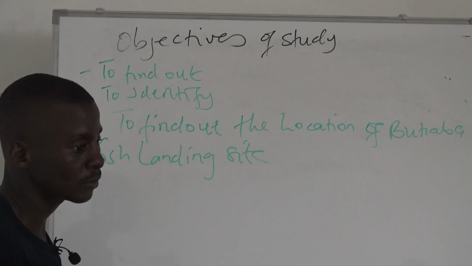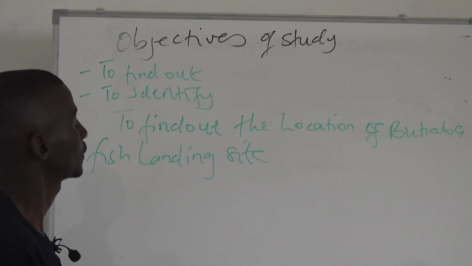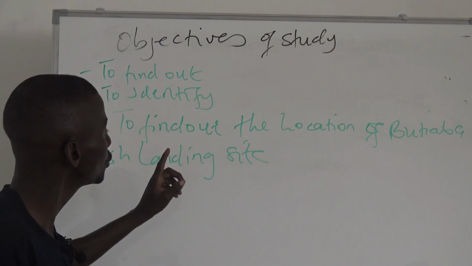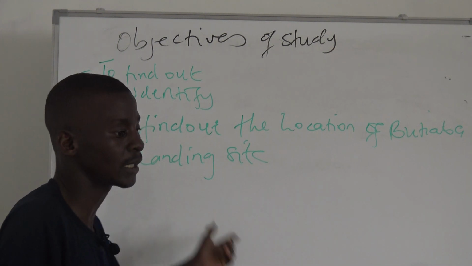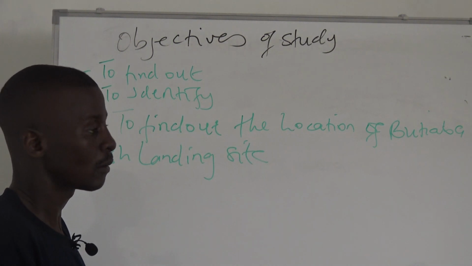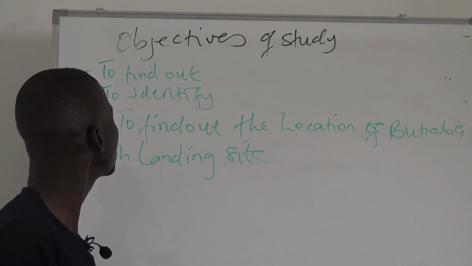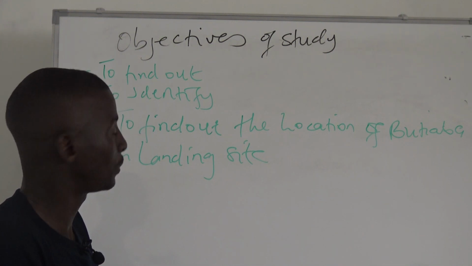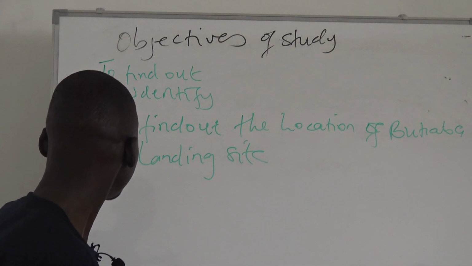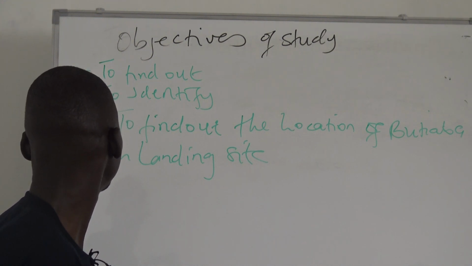We cannot have objectives without knowing where we are going. So the first thing is we need to find out the location of Butiaba Fish Landing Site. To remind you, I'm not only referring to Butiaba, but the objectives should be in line with the topic. So that is the first objective, to find out the location.